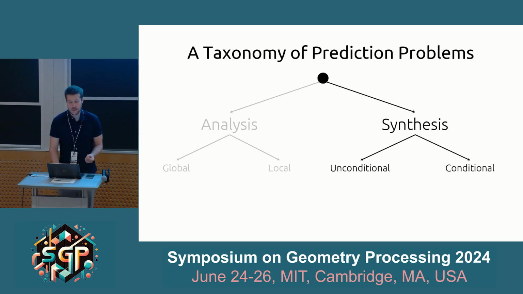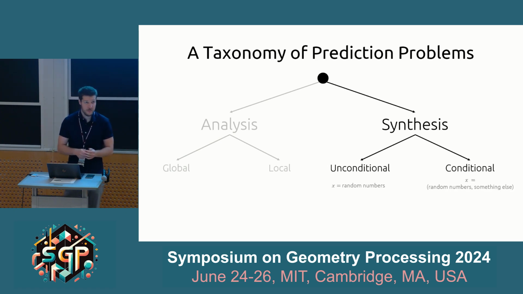In unconditional synthesis, we are just trying to generate a shape, typically from some distribution of shapes. Unconditional comes from an unconditional probability distribution of shapes we are sampling from. In the f of x equals y framework, we can think of this as x being just random numbers. We give a random number to this function, and it produces some shape.